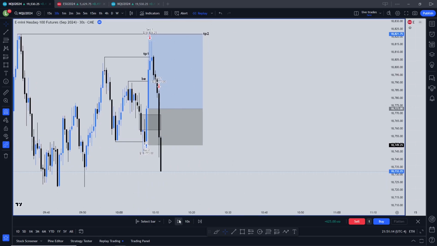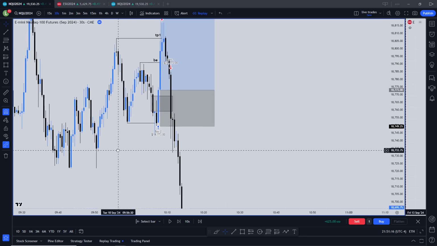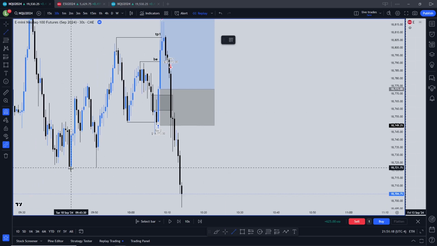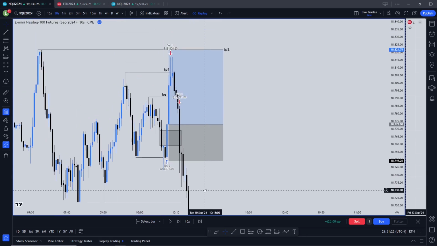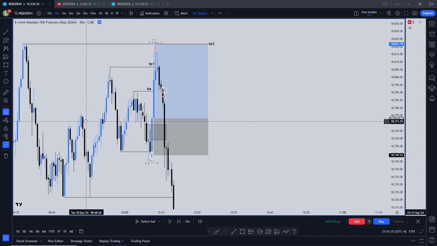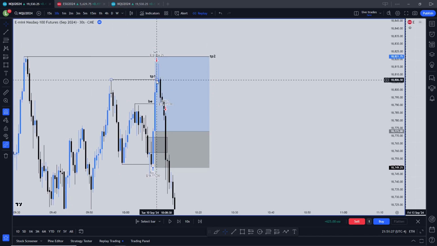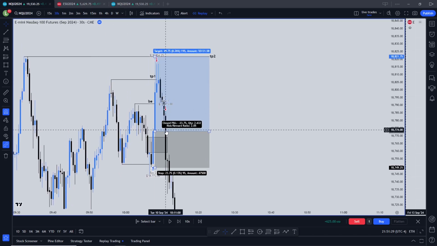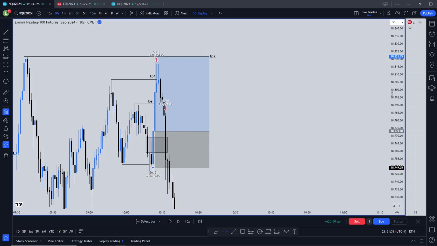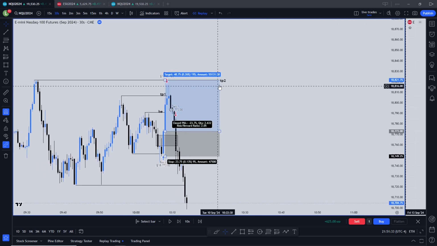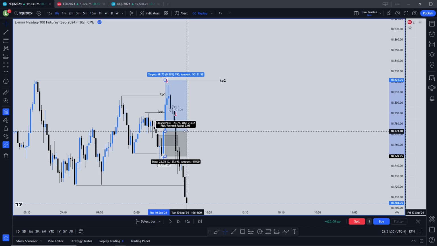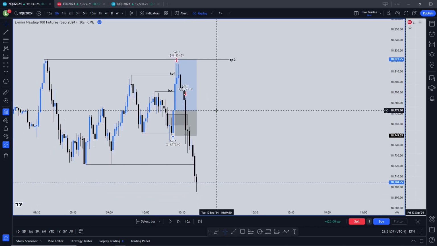And the main reason why this failed is because we also have some relative equal lows down here. So this was the draw on liquidity, not the equal highs. But it's okay because we took partials at this internal and we got stopped at break even. So even though this trade didn't fully hit the full TP, we still have some profit, which is the main reason why I like to manage my trades like this.